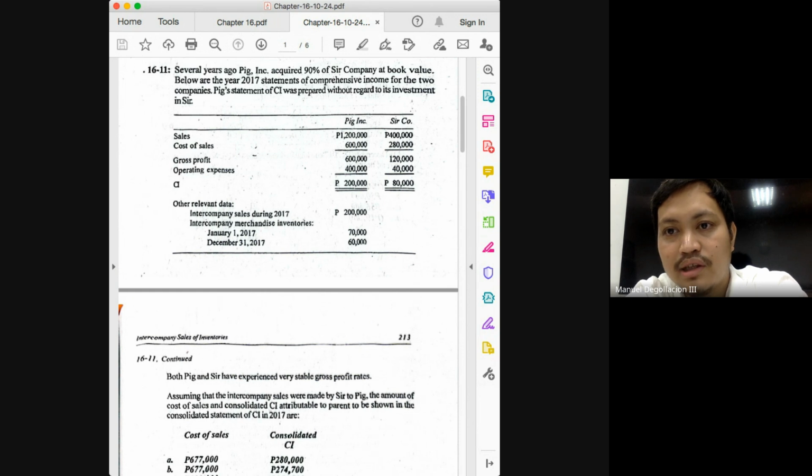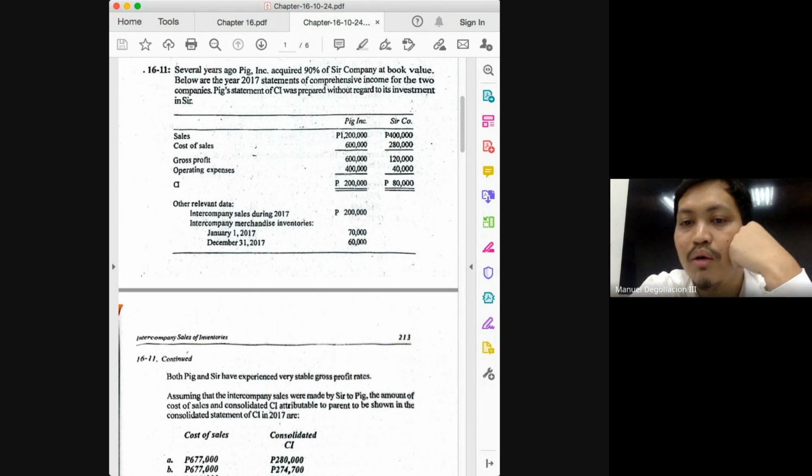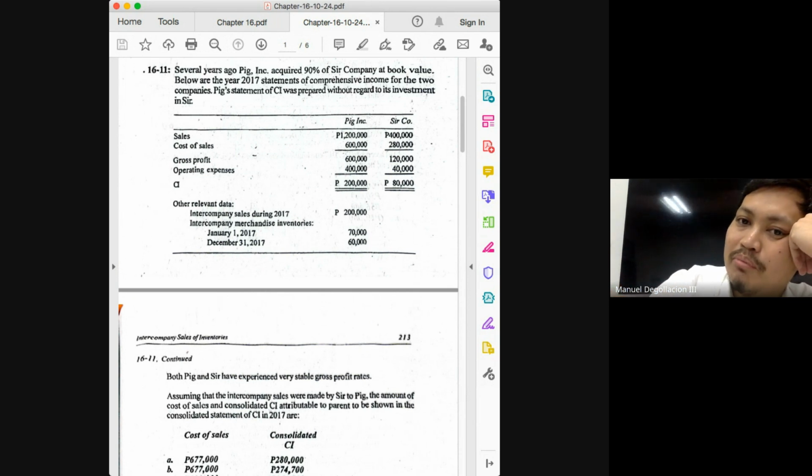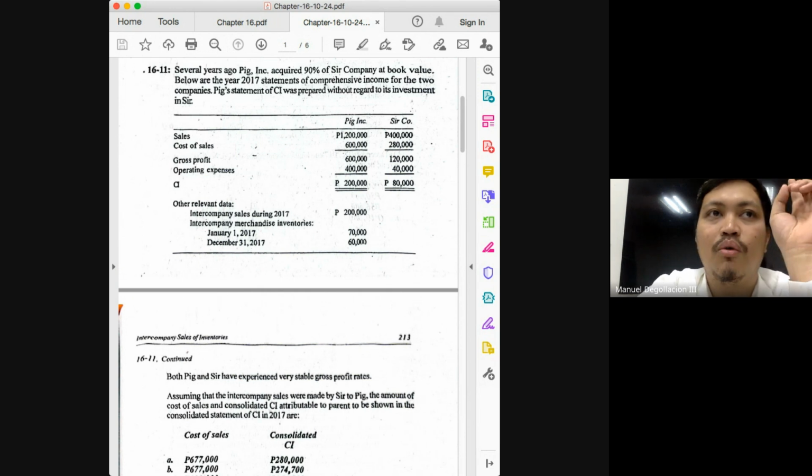But if you'll notice, class, this information is for 2017. So can we use the 30% to get the markup in the 70,000, knowing that this is the January 1 inventory? And again, what have we established? If it's January 1, when did that sale happen?